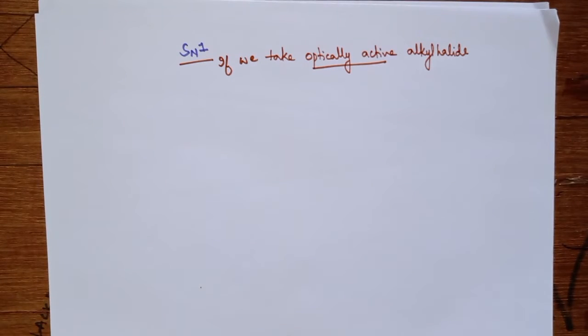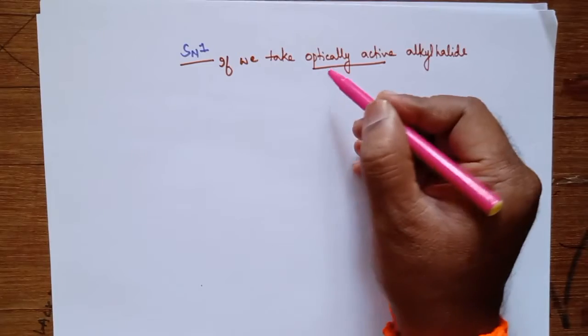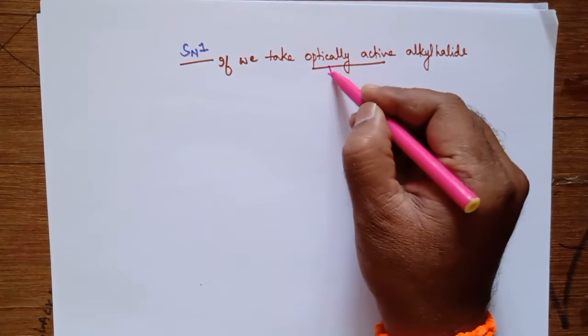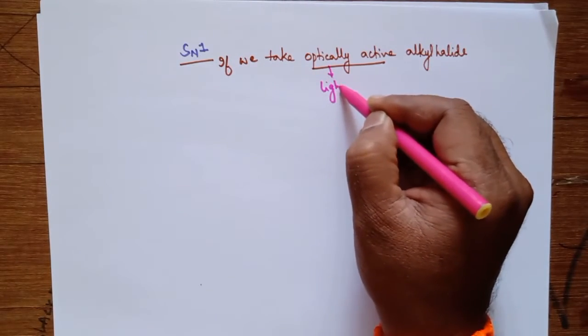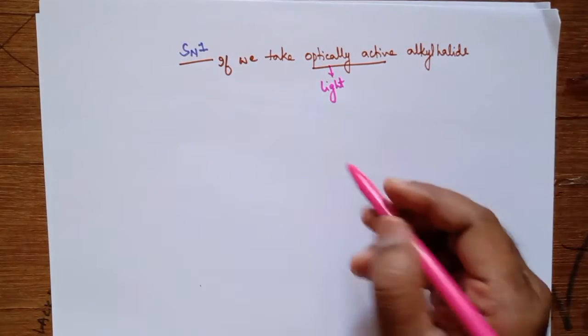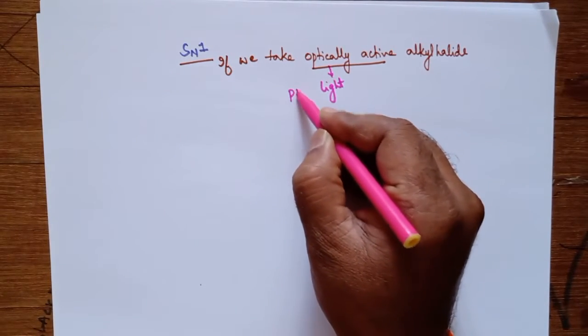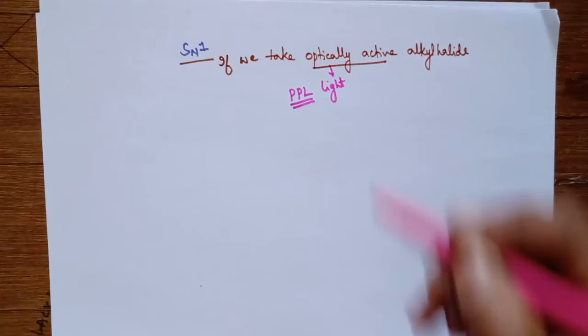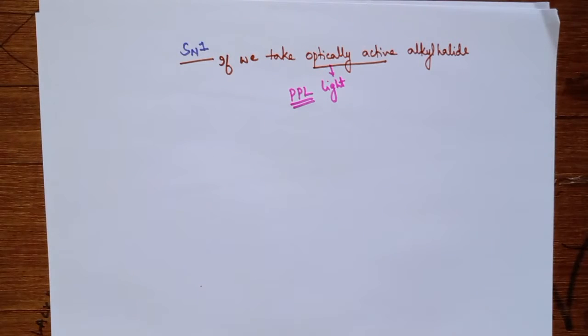Optically means light active compound. So what is the meaning of light? Plane polarized light, right?